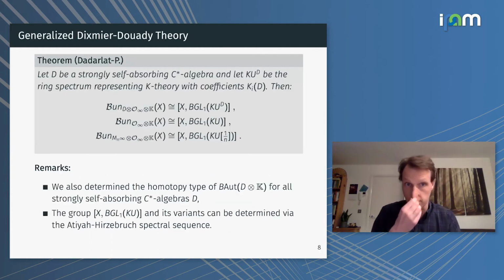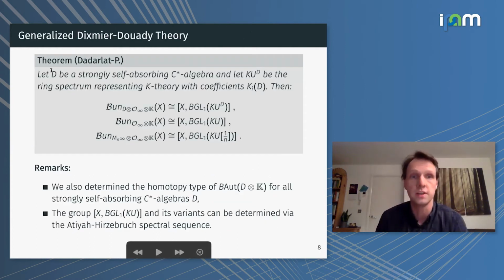And here's our result. So first of all, if I have a strongly self-absorbing C-star algebra, I can associate to it a commutative ring spectrum in the sense of homotopy theory, which we denoted by KUD here. And this is representing topological K-theory with coefficients in the K0 group of D, essentially.